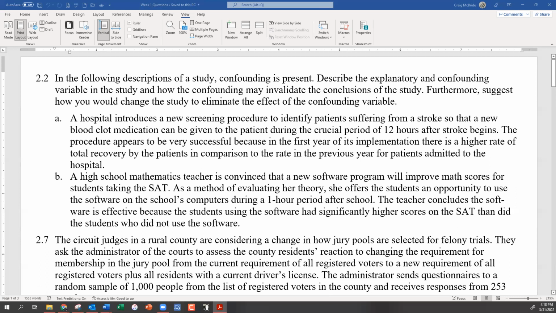And that's a weaker conclusion than if you had a control and treatment group where you randomly assigned some students to use the software and other students to use some other study procedure, maybe the old way that they studied for the SATs by just working in a workbook or something like that. And then you would see if the group that used the software's scores increased at a statistically significantly higher rate than the other group.